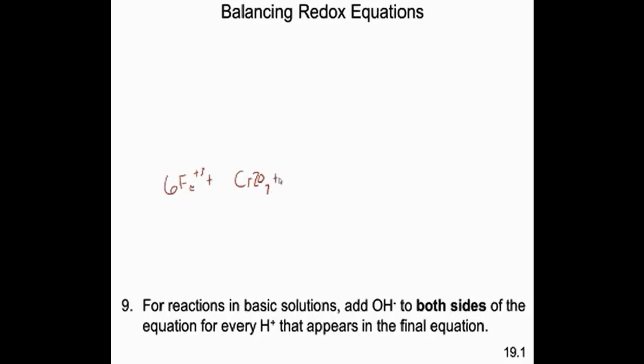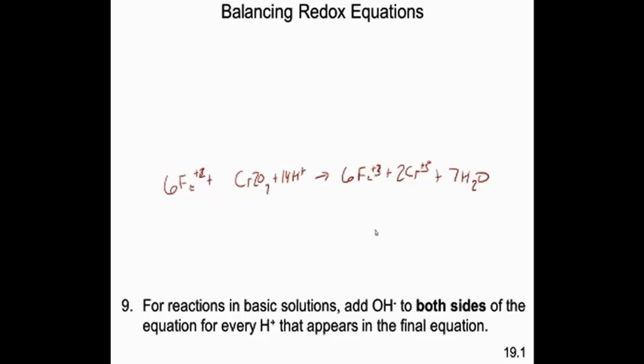Cr2O7 and 14 H+. Yields, I think it was 6 Fe2+ plus 2 chromiums plus 7 waters. Or no. This was a plus 2 charge, and this was a plus 3 charge.